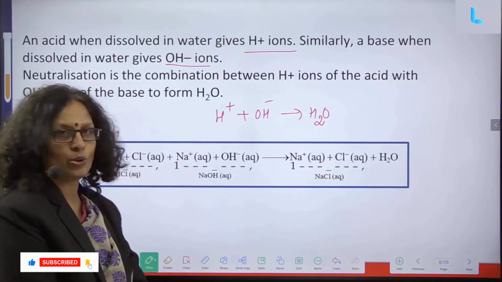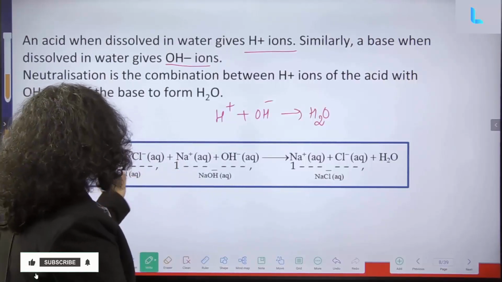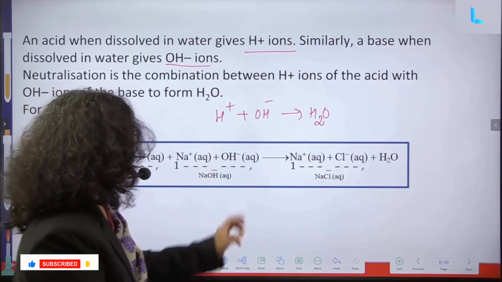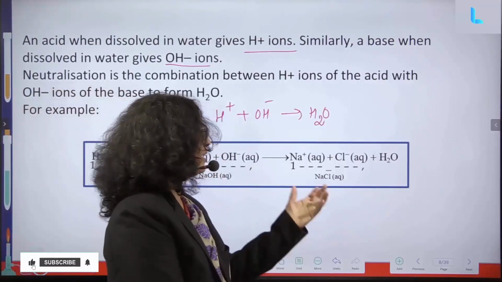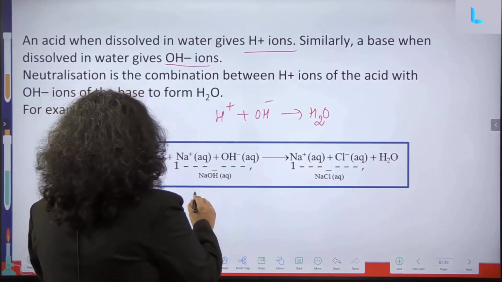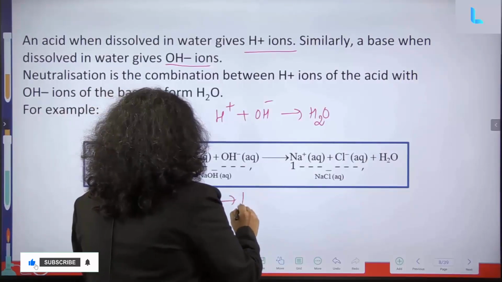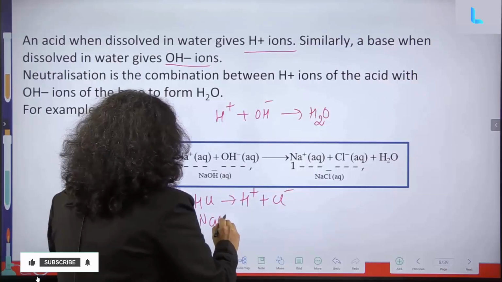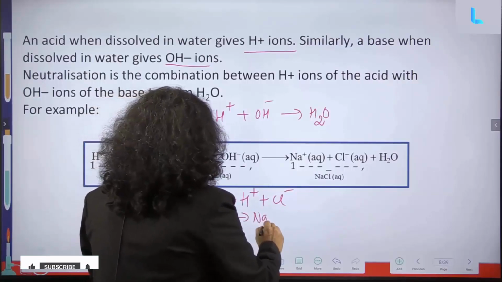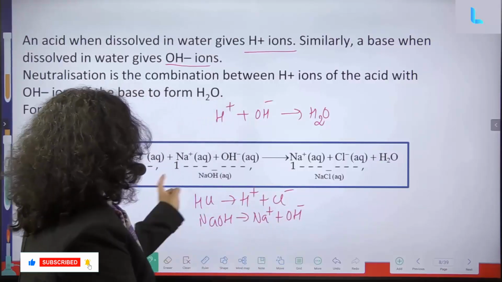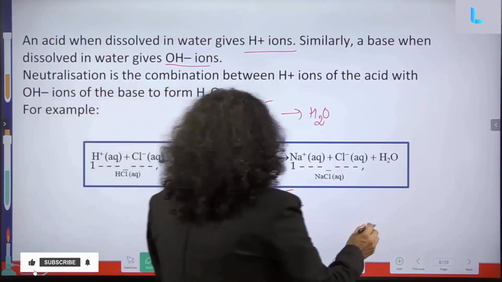When HCl and NaOH combine, H+ Cl- reacts with Na+ OH-, and you get Na+ Cl- and water. HCl gives H+ and Cl-, NaOH gives Na+ and OH-, and when these ions combine together you get NaCl.